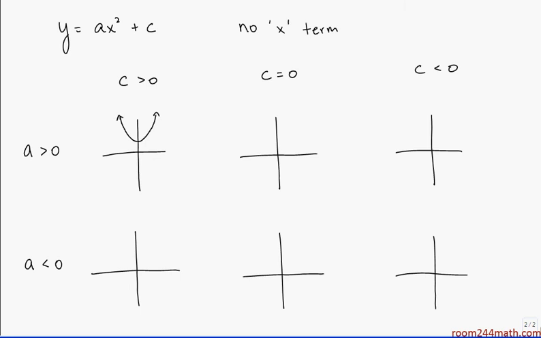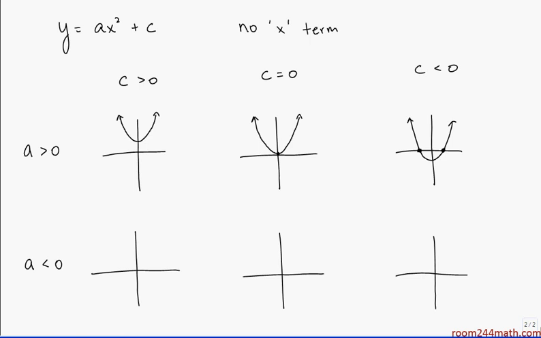And clearly that doesn't touch the x-axis at all, and so you're not going to get any real roots there. c equals 0 means the y-intercept is 0, and in fact this would pass right through the origin. And c is negative means it has to dip all the way below the x-axis and then cross the y-axis below the origin, and so you would get 2 real roots there.